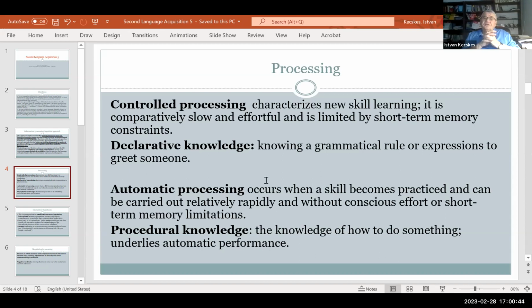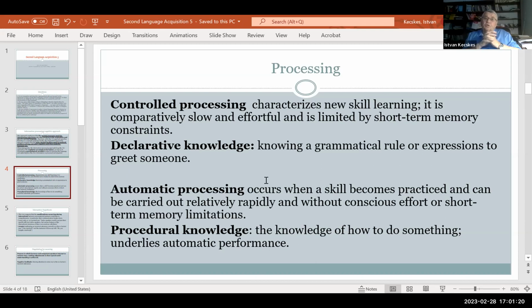So controlled processing is basically connected with the acquisition of new skills in language learning, and it is usually an effortful process and is limited by short-term memory constraints. And controlled processing is connected with declarative knowledge, which is something that you have learned, something that you can recall from your memory whenever you want to operationalize it.